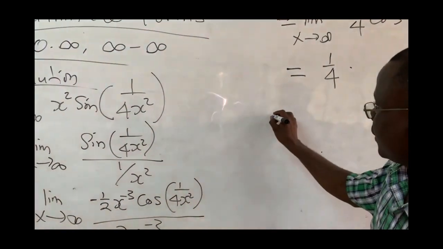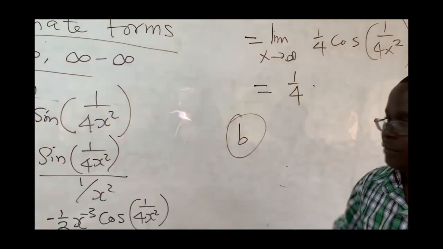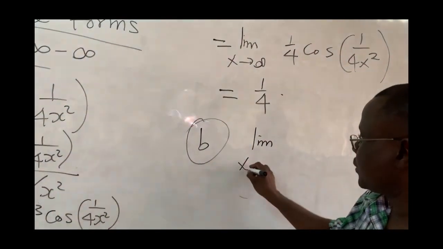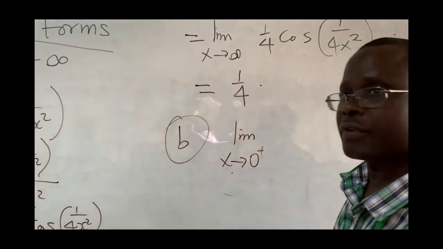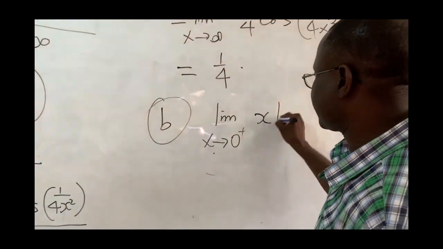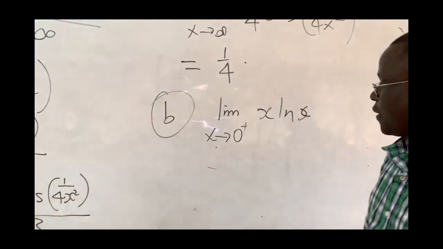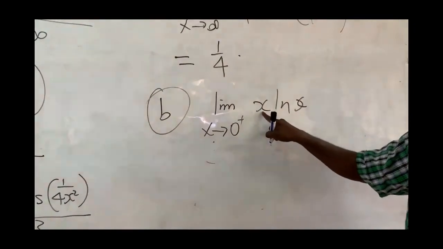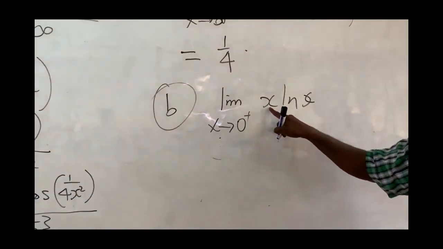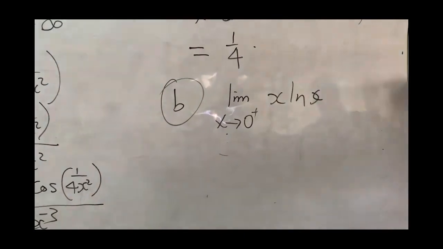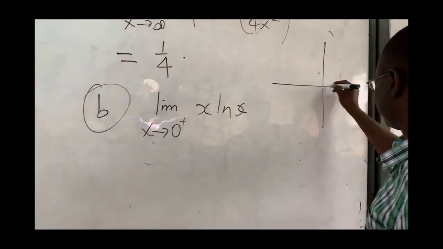Now B says we want to find the limit as x goes to 0 from the positive side, from the right side, of x ln x. Note that as x goes to 0, this is going to 0. What about this guy? As x goes to 0 from the positive side, remember ln is this guy here.